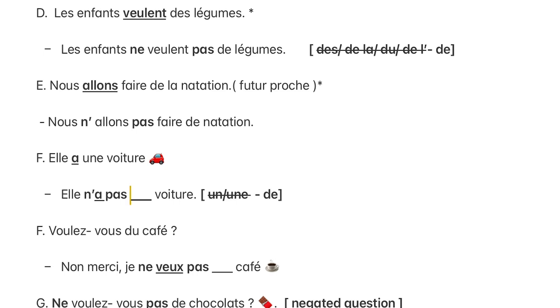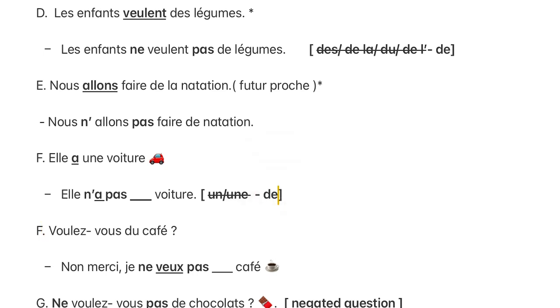However, we have the presence of the indefinite article, that is une, which means a. So again, when it comes to negating a sentence that has an indefinite article such as un or une, we change it to de.